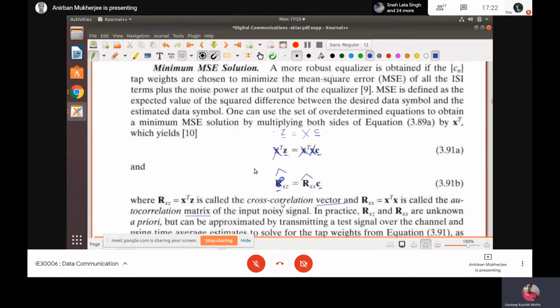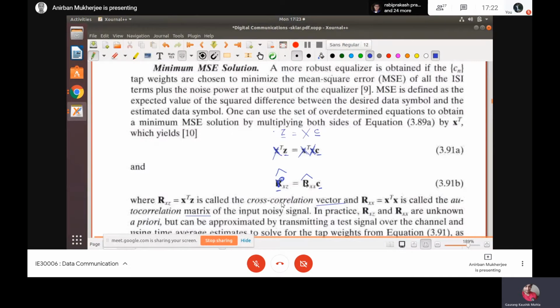That expectation is the same value, expectation of x equal to x, because ideally it should be x1 plus x2 by 2, then x1 plus x2 plus x3 by 3. In that way, we calculate expectation. As we have only one value, we are not putting expectation, so we are writing the estimate of the cross correlation vector, and this is the estimate of the autocorrelation matrix.